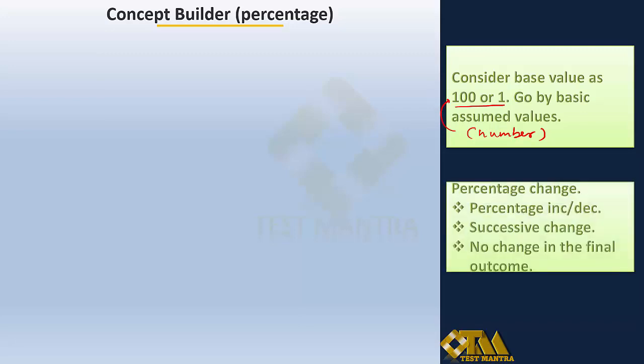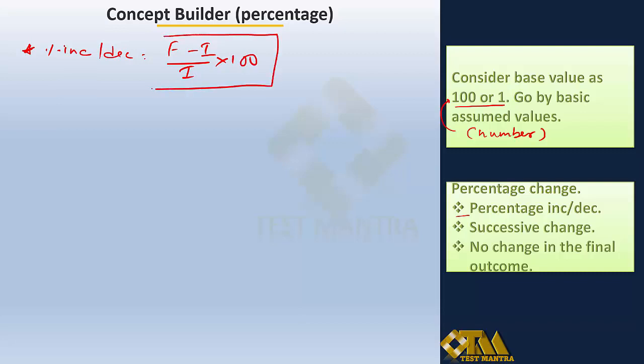The second important topic which you should keep in mind is the percentage change part. So the first one is percentage increase or decrease. We know the formula for the percentage increase or decrease: it's the change with respect to the initial value in terms of percentage. So final minus initial divided by initial into 100, right?